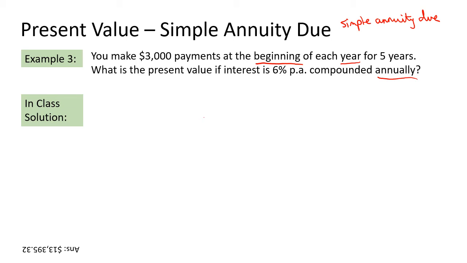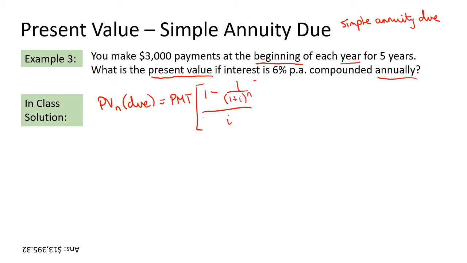So it asks right in the question for the present value. So that means we can start with our present value formula. Again, we know it's an annuity due, so we use this slightly revised formula. So the present value is equal to the payment times 1 minus 1 divided by 1 plus your periodic interest rate to the exponent n divided by your periodic interest rate I multiplied by the additional 1 plus I term.